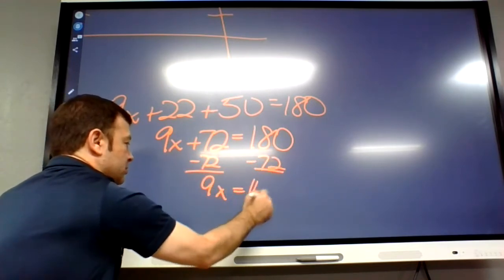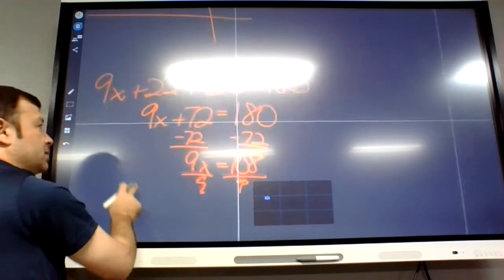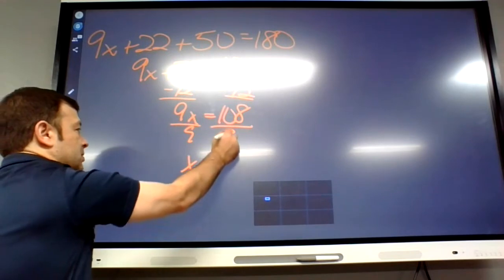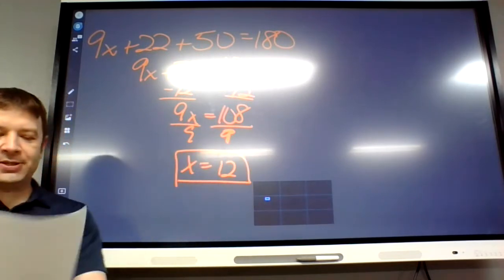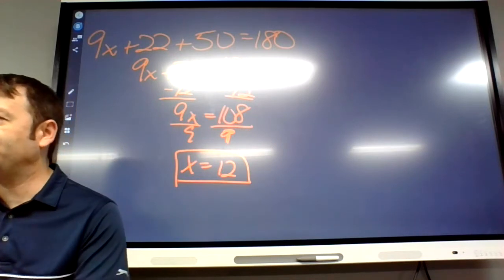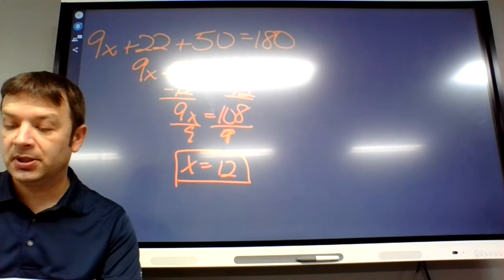So what is 108 divided by 9? 12. Okay, it is just asking for x on this. Remember, sometimes they have us plug the x back in, so you gotta watch out on those directions.